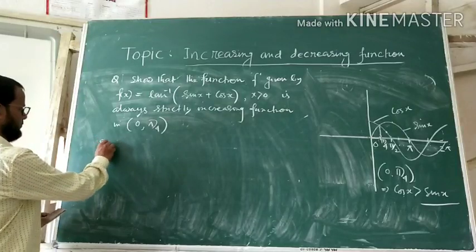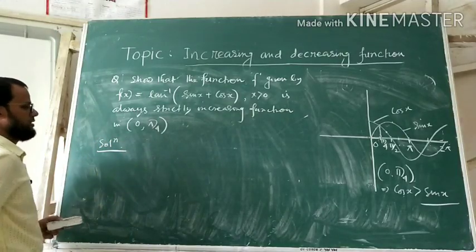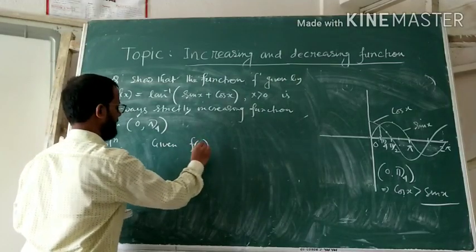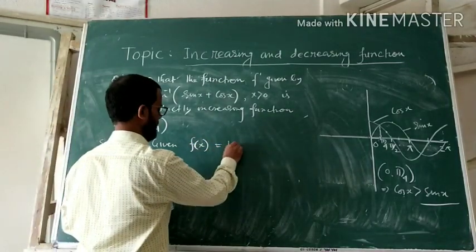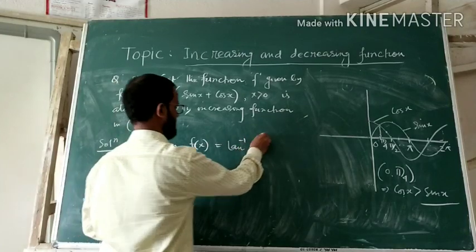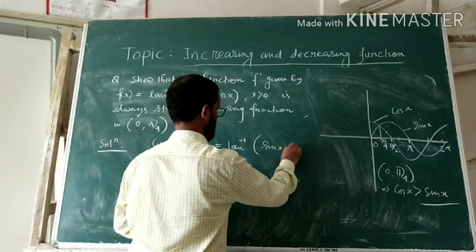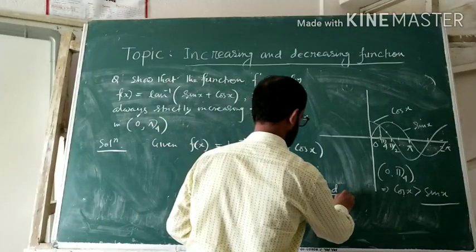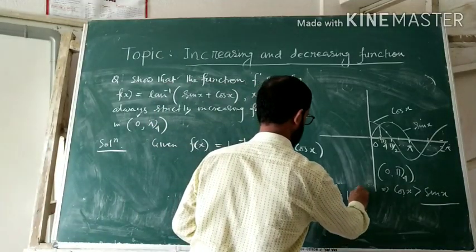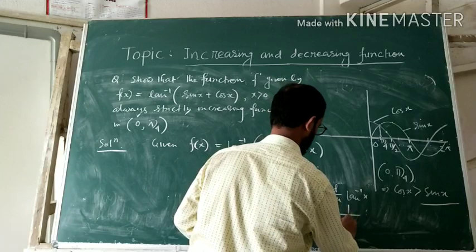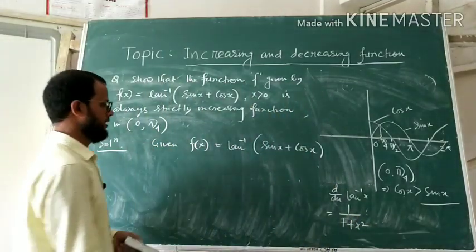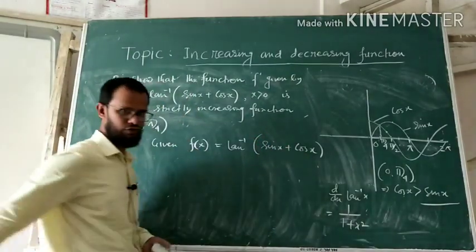Now let us start with f(x). Given f(x), a derivative is always required. f(x) is equal to tan inverse (sin x + cos x). You know a formula in calculus: d/dx of tan inverse x equals 1 by 1 plus x squared. I am going to apply this formula, considering this as x.